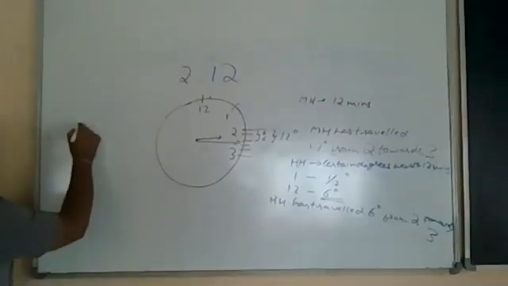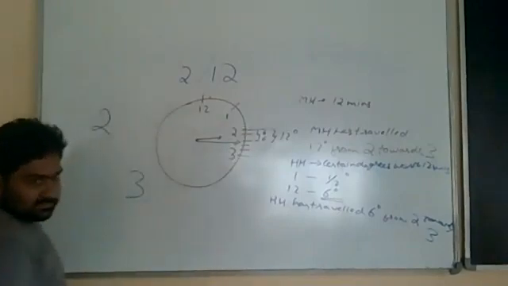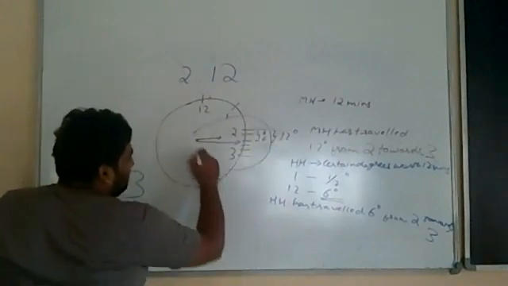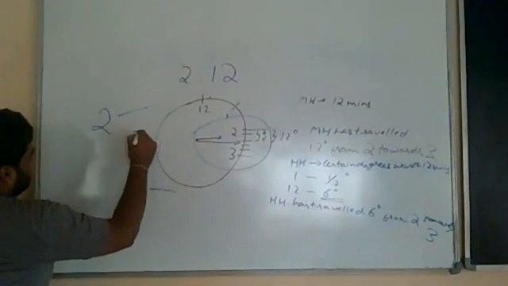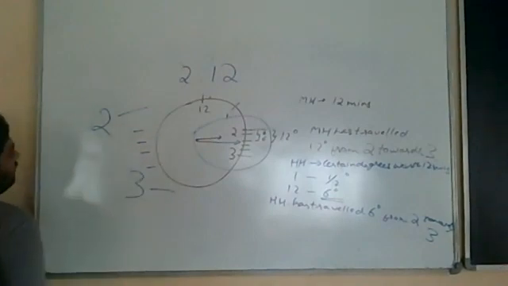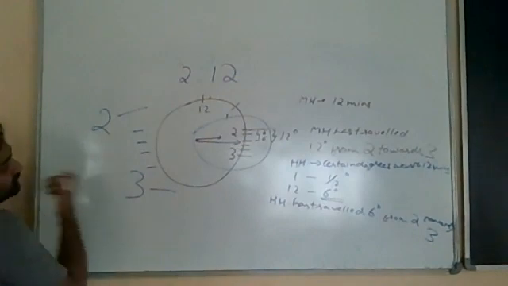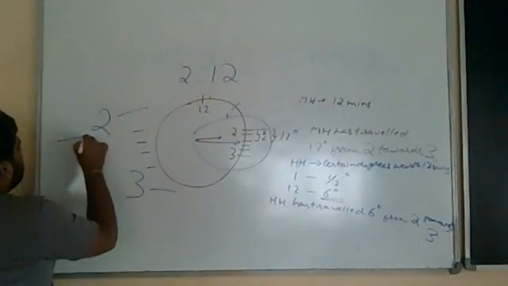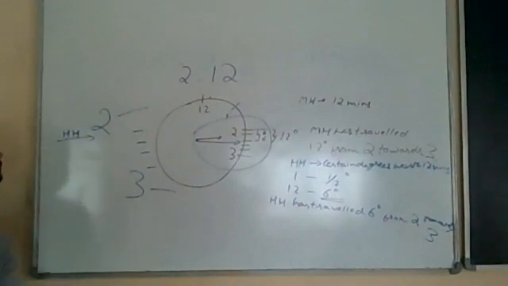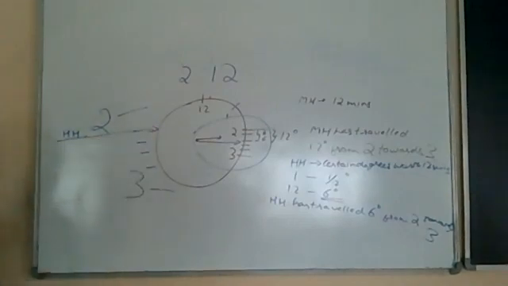So that means now see, this was 2, this was 3. I am just magnifying this part. Here is 2, here is 3. In between there are 1, 2, 3, 4 divisions, correct? Where is the hour hand? It has traveled only 6 degrees. So the hour hand is here.